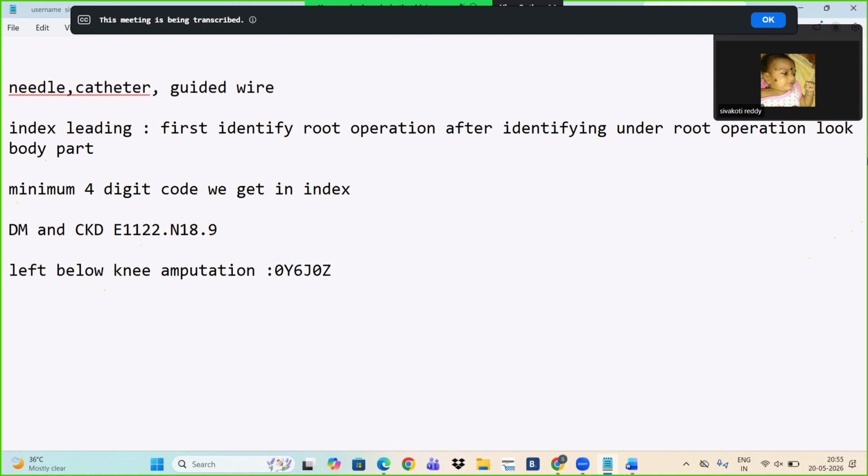Lower leg proximal area means below knee area. So here they did the proximal side. So what is the value for proximal? 1. That's it. 1.